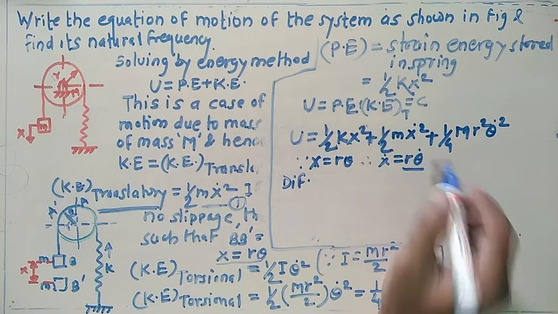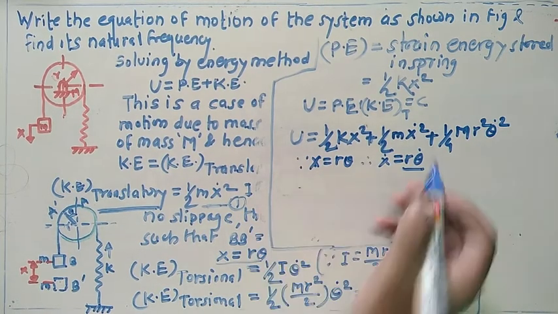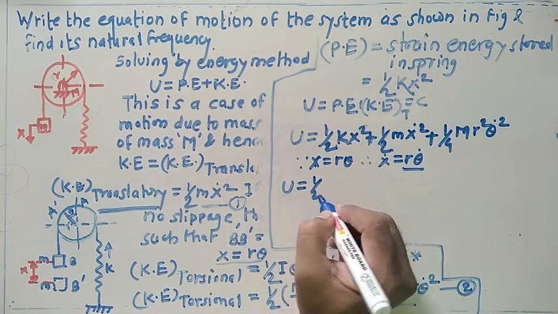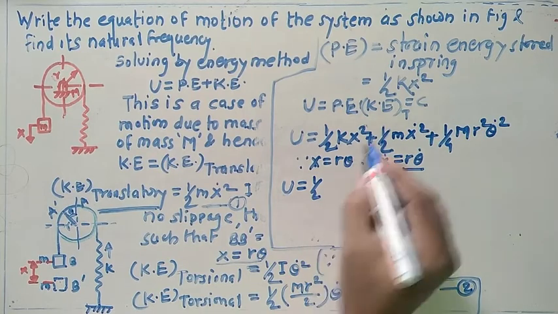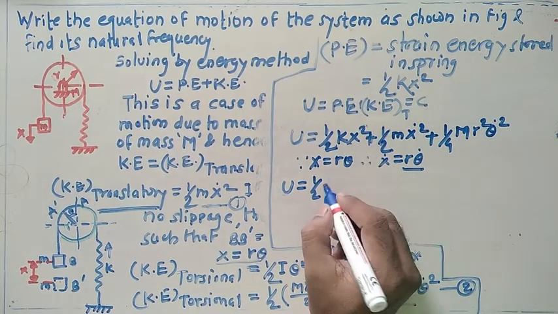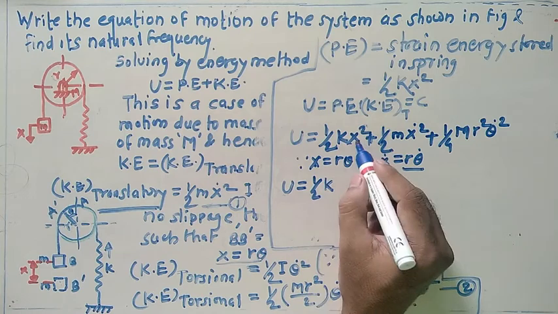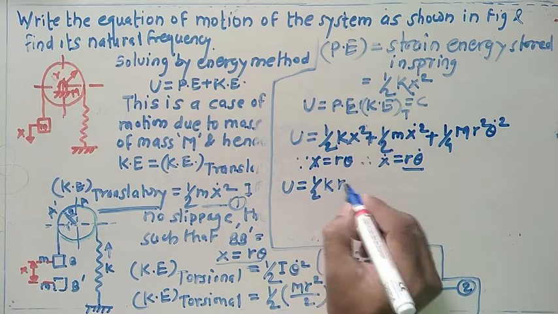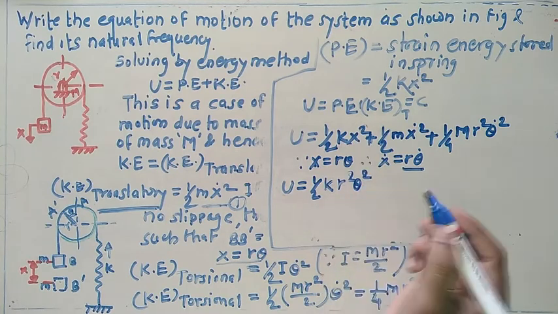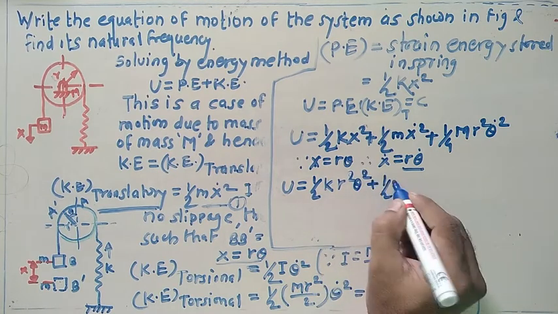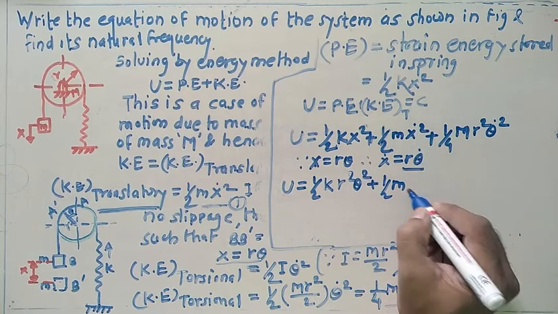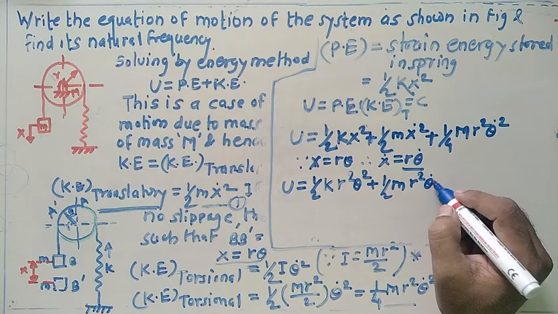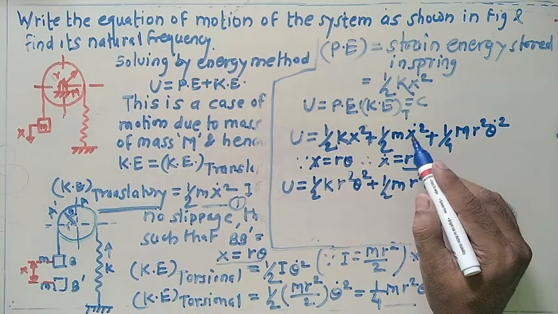From this equation you can get U equals 1/2 k, which remains as it is, and you replace x by r theta, so r square into theta square will come, plus 1/2 mass into x single dot, meaning r square theta single dot square. This is about the x single dot square.